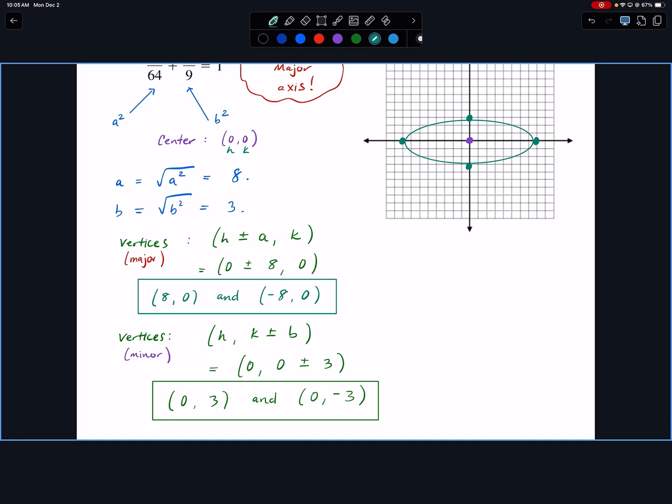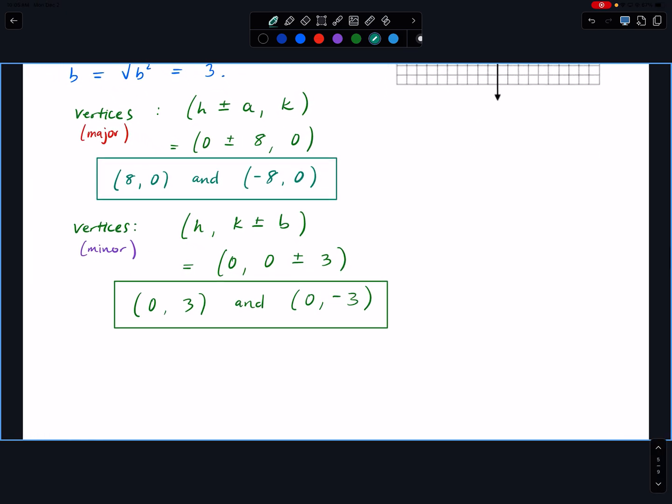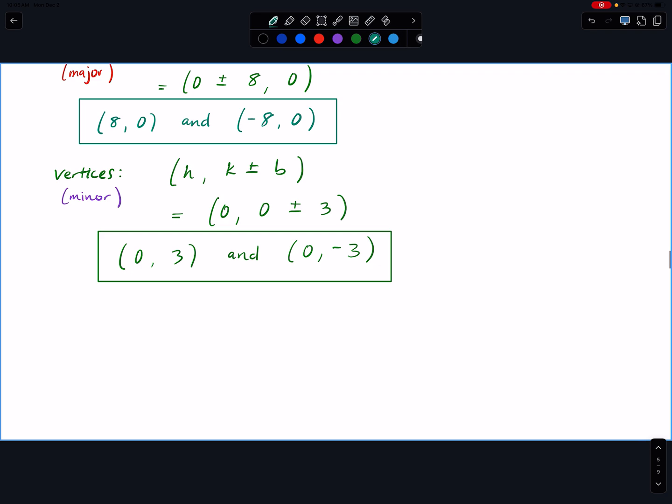Does anybody have any questions about what I just did? Okay, we're not done yet because we still have to find the foci and the eccentricity. What's the formula to find the foci? We need to find the c value, because the foci from our notes, if it's major axis, is h plus or minus c, comma k.